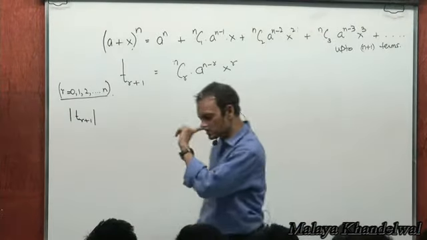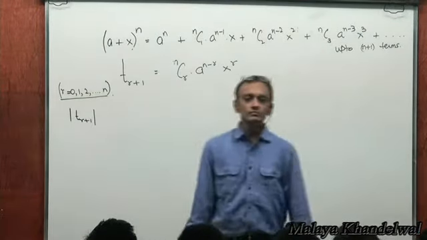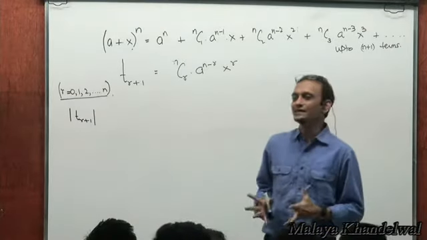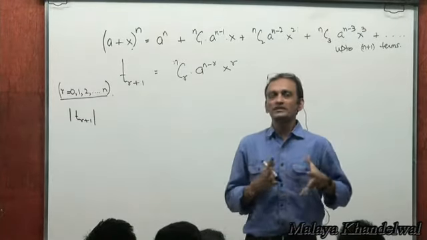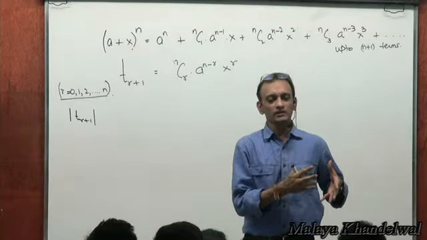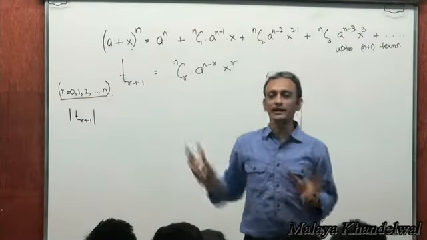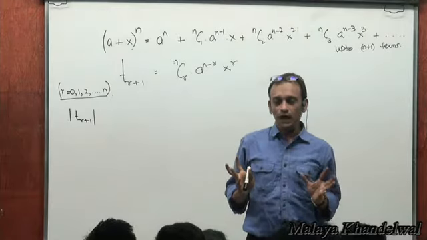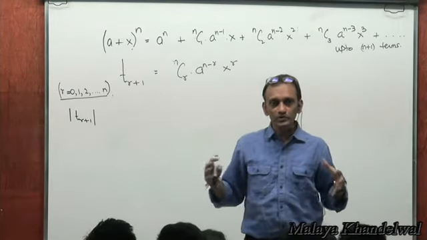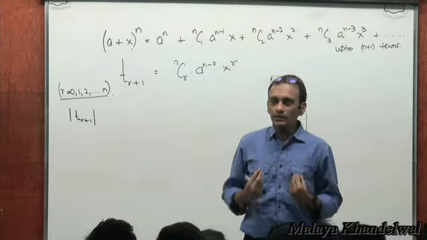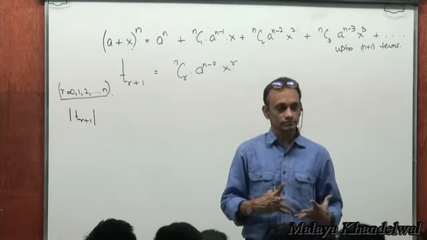Now what we do is, I start by comparing consecutive terms. My terms are like t1 the first term, t2 the second term, t3 the third term, t(n+1) the last term. Now the whole blueprint revolves around the following. Let me compare a term with its previous term.